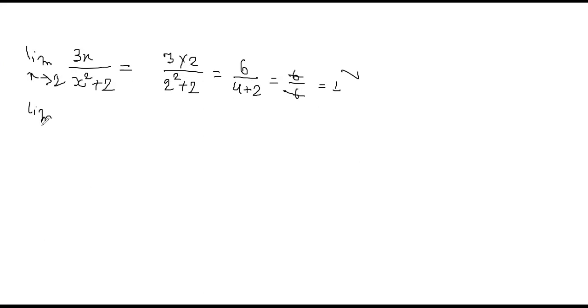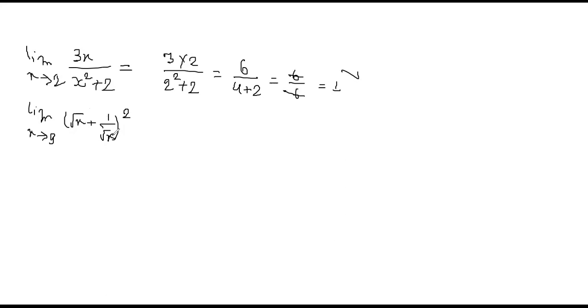Not LHL and RHL, you have to put the direct value. Limit x tends to 9, (root x plus 1 by root x) whole square.